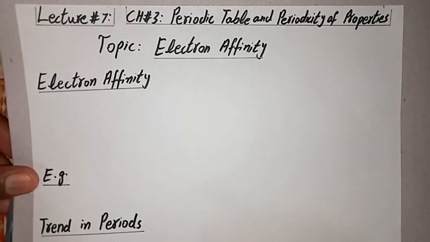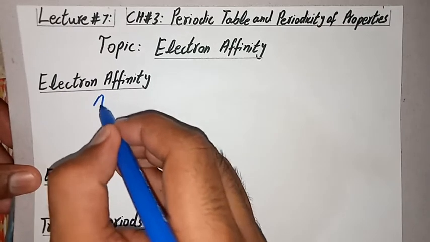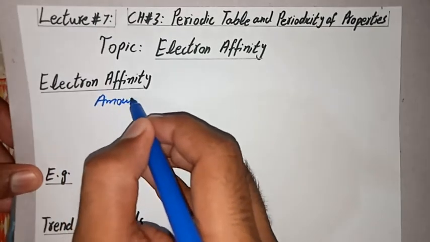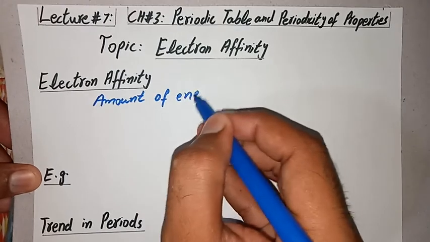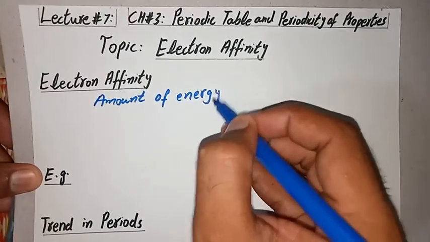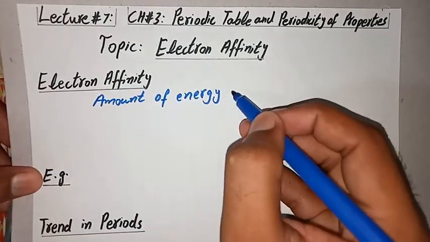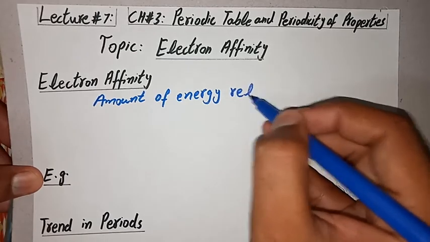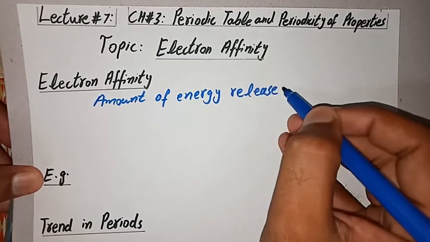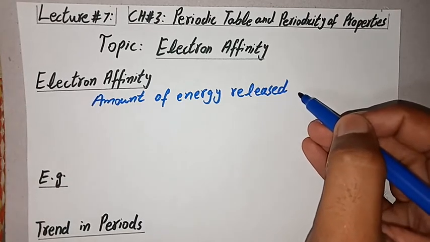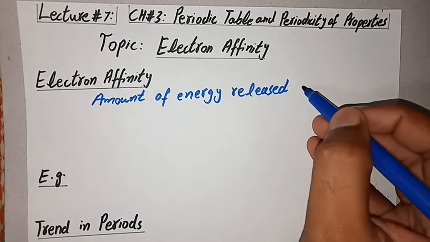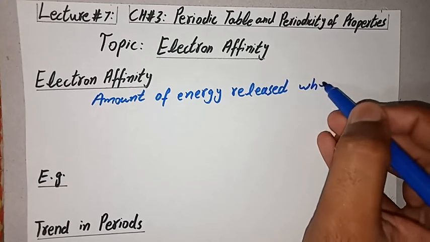Electron affinity is also an amount of energy, the amount of energy released. In ionization energy, the amount of energy was required. Here, that energy is released. When is it released?